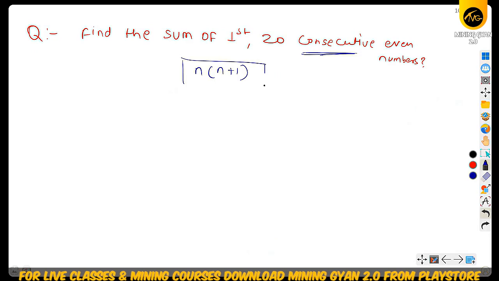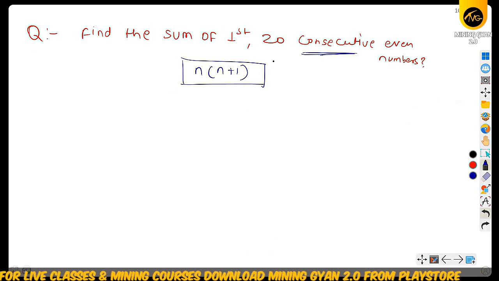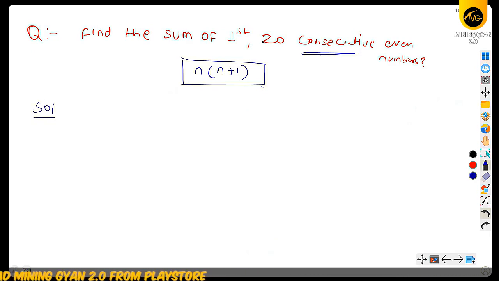So the third formula is n into n plus 1. Basically it is used to find the first 20 consecutive even numbers, first 50 consecutive even numbers, like that.